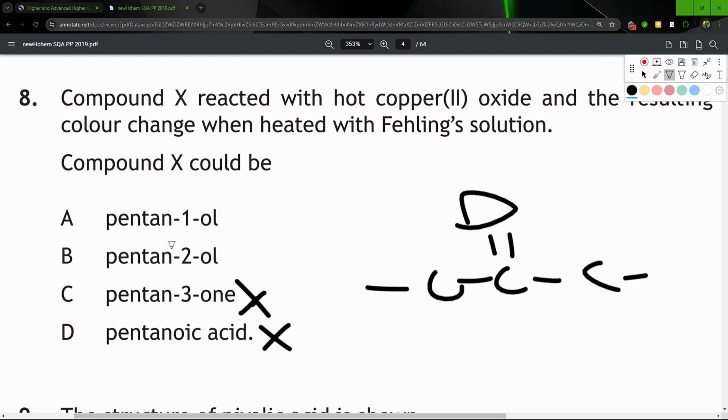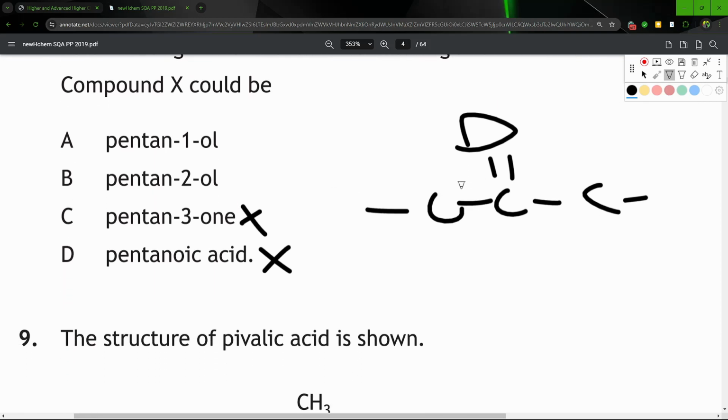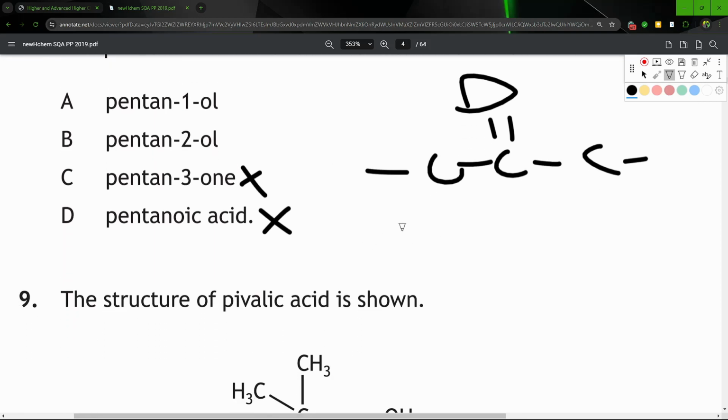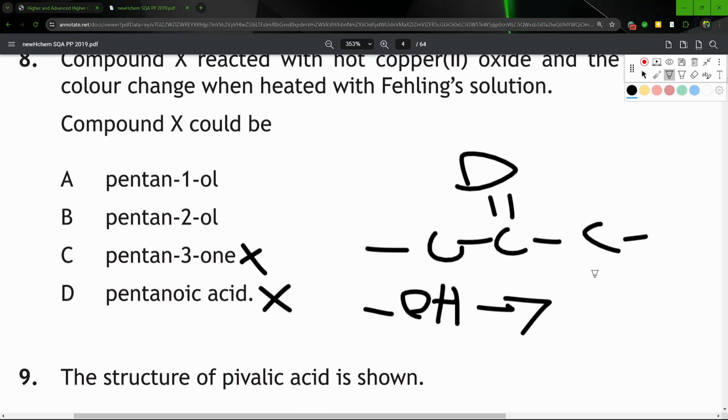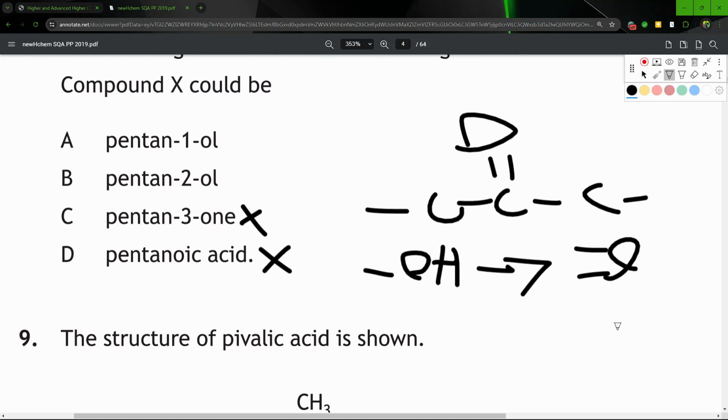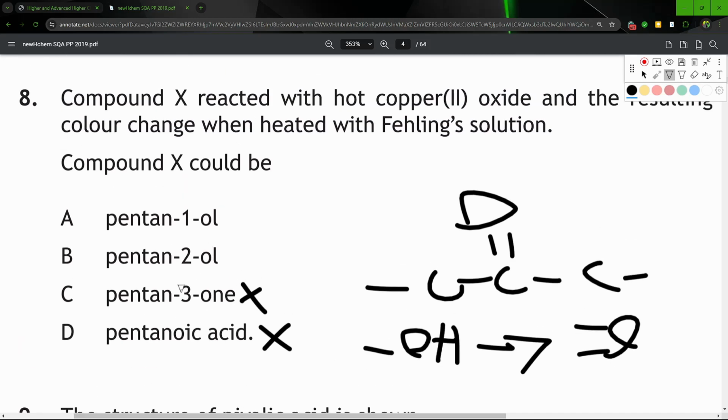And then pentan-2-ol and pentan-1-ol also. Alcohols can be oxidized, which is fantastic. So what would happen is you'd have your OH group and you transform it into a carbonyl group, which yeah, you can do for both of them.